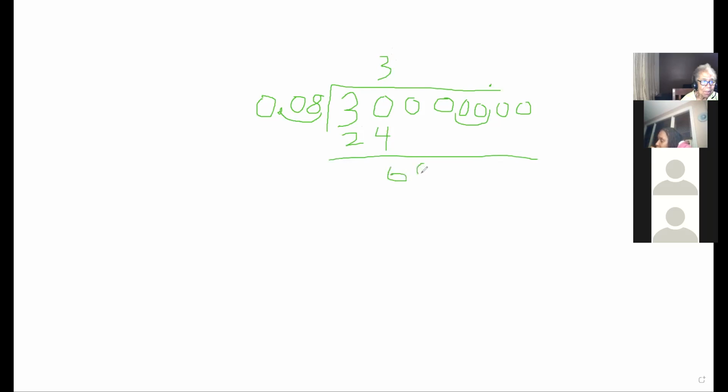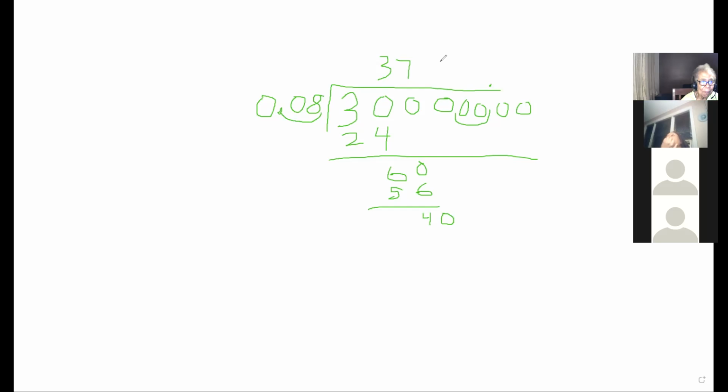Bring down a 0. 8 into 60 goes how many times? 7. 7 times 8 is 56. So we put 56, subtract. That's a 4. And bring down a 0. And 8 into 40 goes how many times?